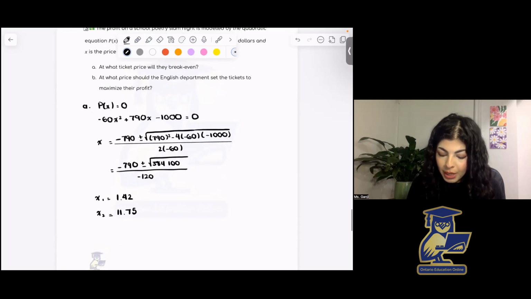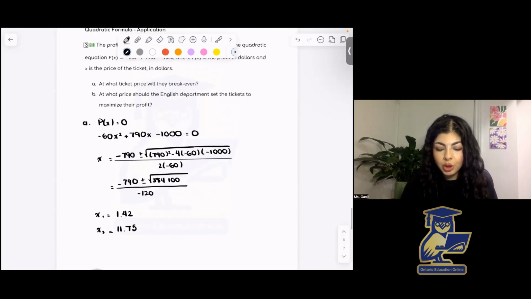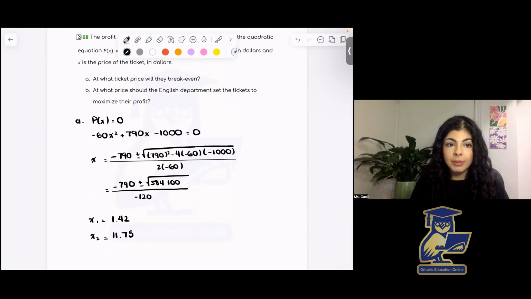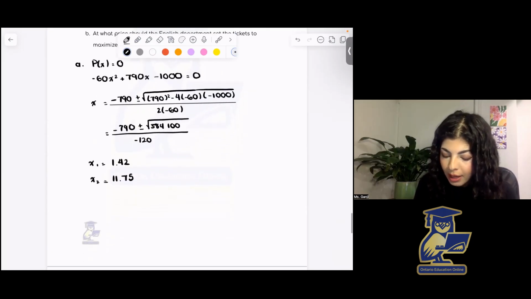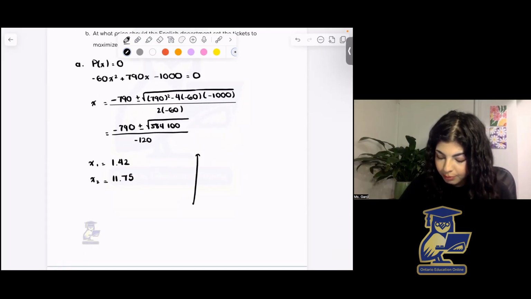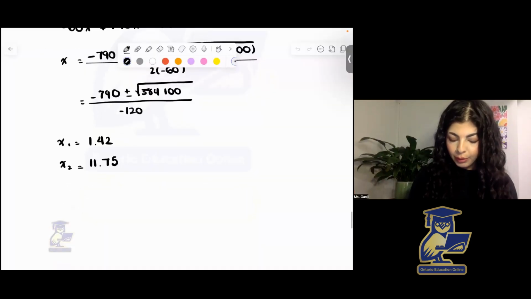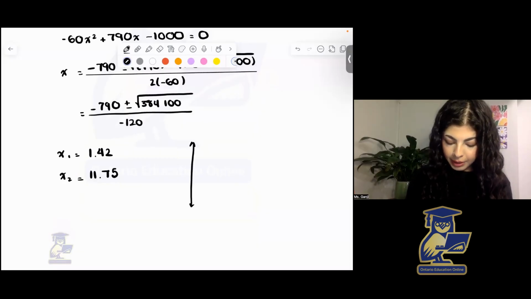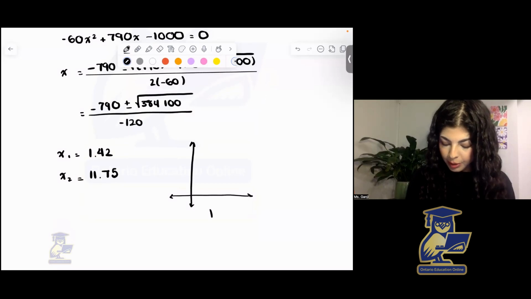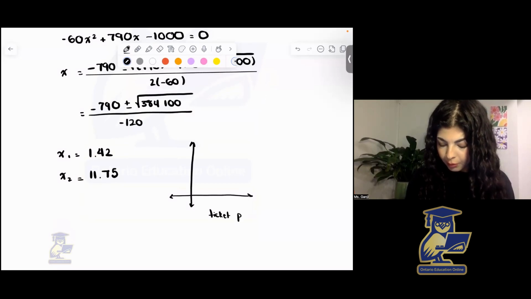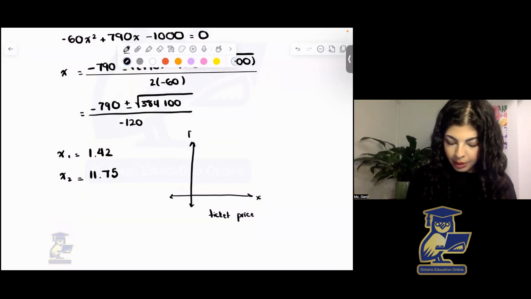For question B, we're asked, at what price should the English department set the tickets to maximize the profit? Knowing that they break even at those 2 points, we will try to visualize our function. We picture our ticket price, which is x, and p(x), which is our profit.